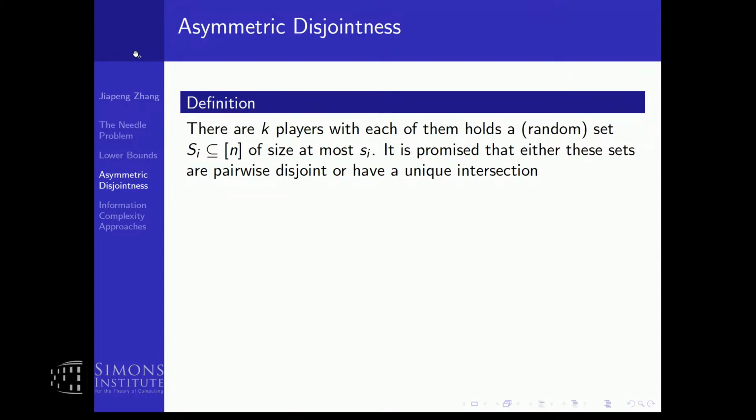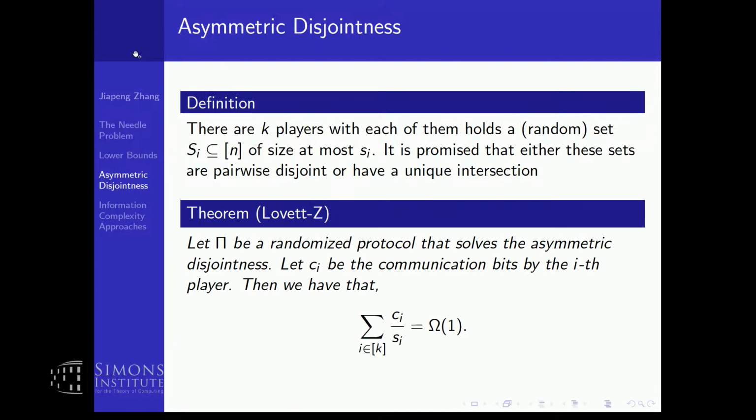But that is not enough for the asymmetric version, because in the needle problem, we know there are some pairs which have constant size whenever t roughly has 1 divided by p squared, for example. So there could be some SI which is really tiny. Therefore, we need a really good asymmetric version of disjointness.